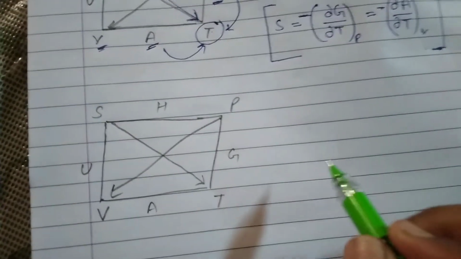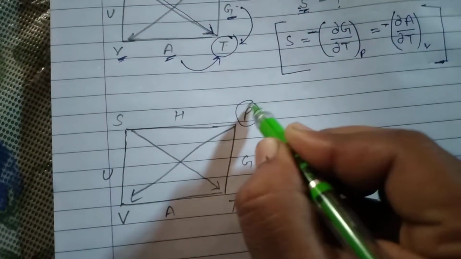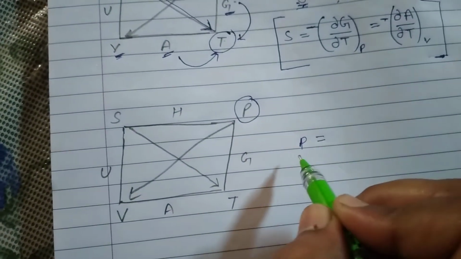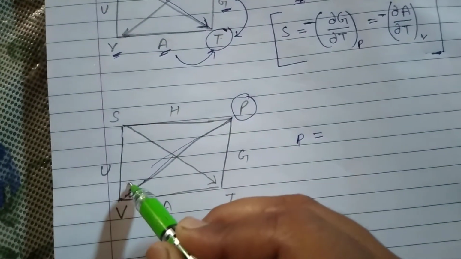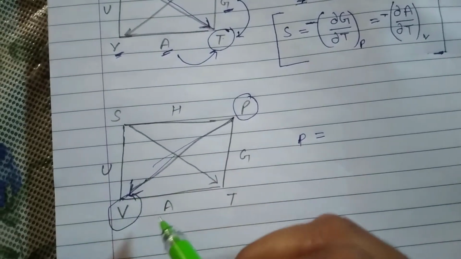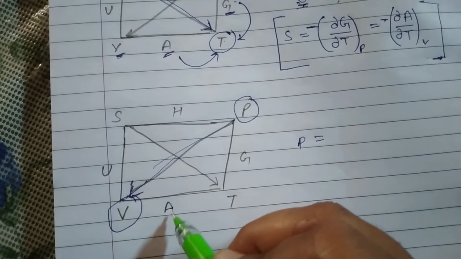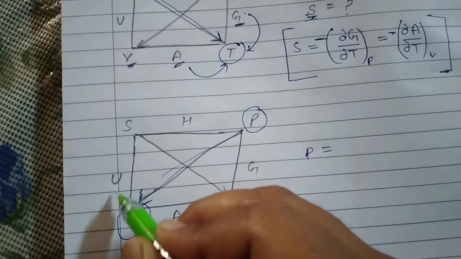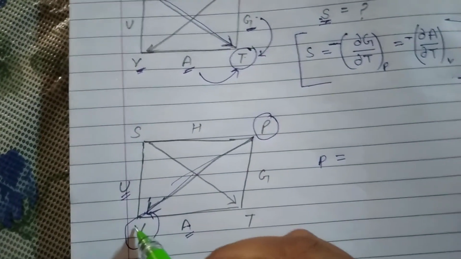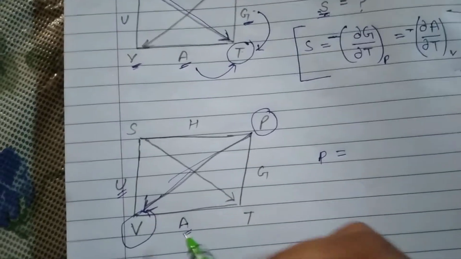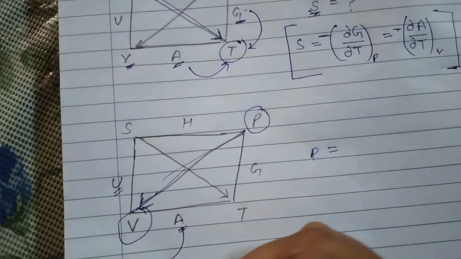Suppose this time we have to find a relation for pressure. This is the pressure. First of all we have to see the diagonally opposite element. Here volume is the element diagonally opposite to pressure. Then see the nearest thermodynamic functions. Here the work function and internal energy are the thermodynamic functions lying nearest to this volume. Now write the partial differentiation of these functions with respect to volume.